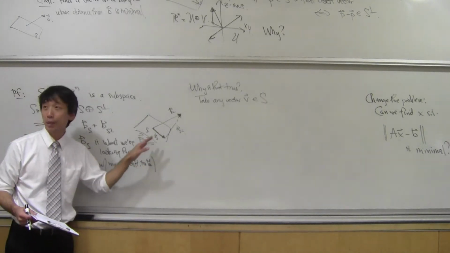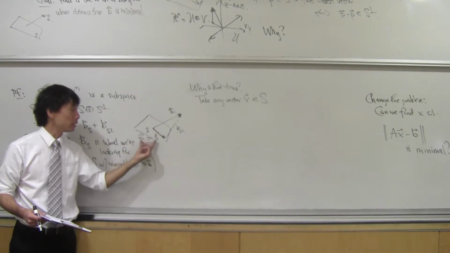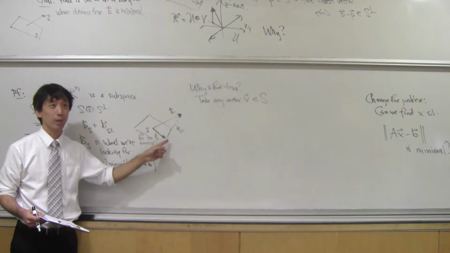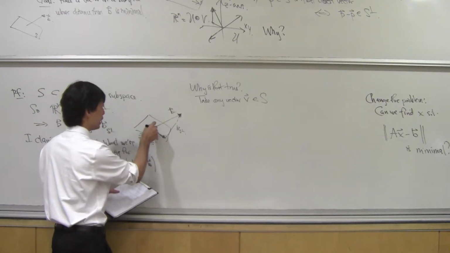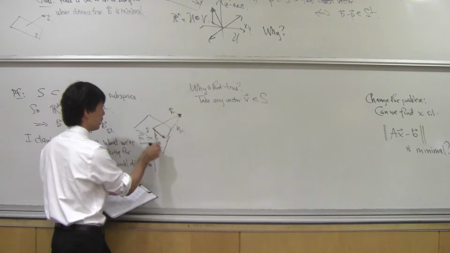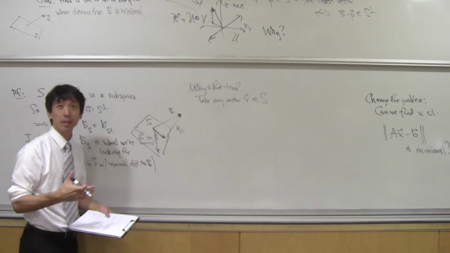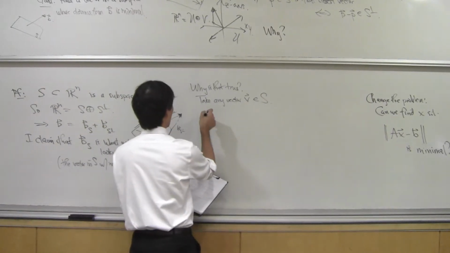Okay. So here we're trying to show that this guy is actually the closest to B. So let's take some other vector V that's in our subspace S, and we'll see that it's actually farther away, as you expect.